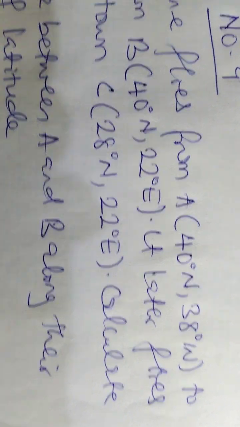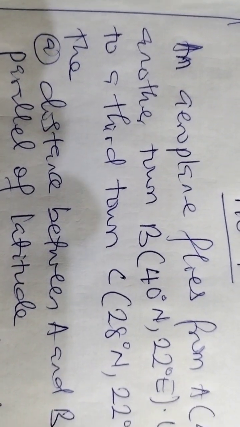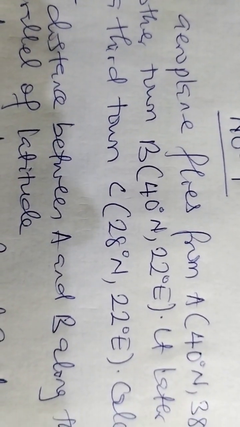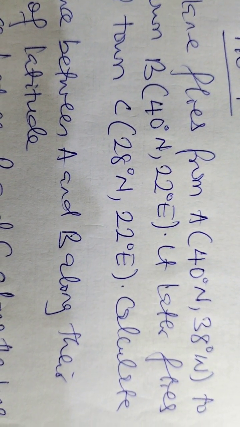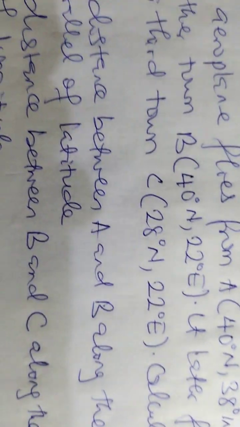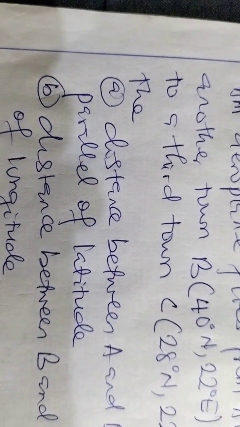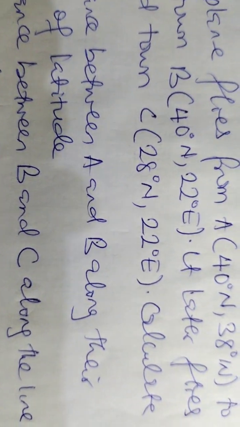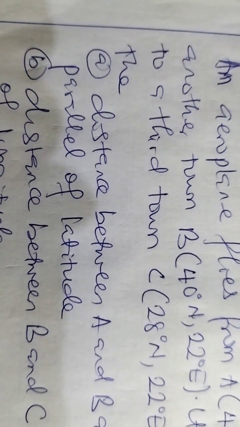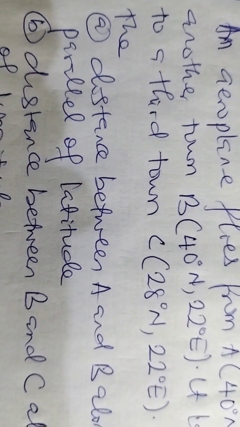It later flies to a third town C, latitude 28 degrees north, longitude 22 degrees east. Calculate (a) the distance between A and B along the parallel of latitude.